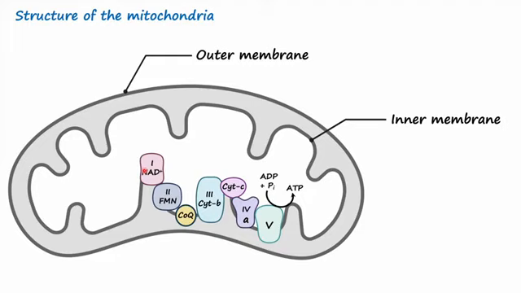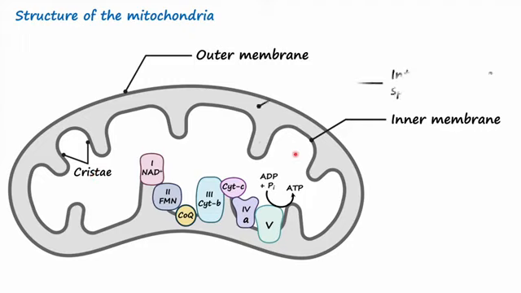So you can see that all the enzymes involved in the electron transport chain and oxidative phosphorylation are located or embedded in the inner membrane of the mitochondria. Another important thing to know about the inner membrane is that it is extensively folded, and this extensive folding is called cristae, which is important to increase the surface area of the membrane.